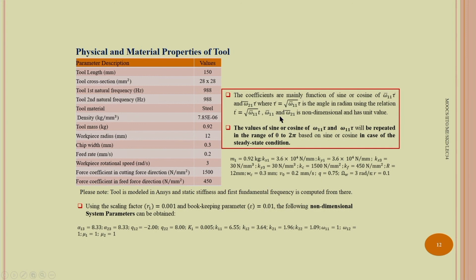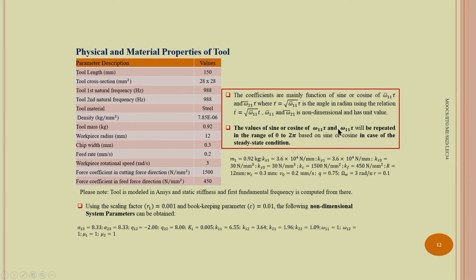We have taken it in such a way that they have the unity value. The values of sine and cosine of omega 1 tau and omega 2 tau will be repeated in the range of 0 to 2 pi, so based on the sine and cosine in case of the steady state condition.